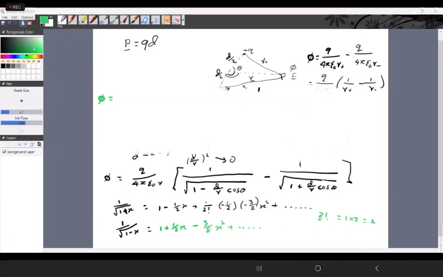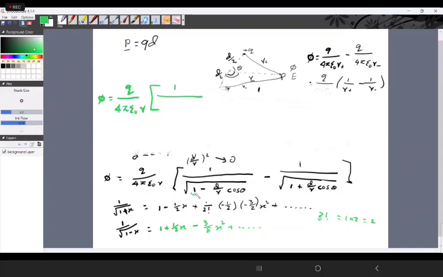Okay, thank you. So the potential is equal to q over 4 pi epsilon naught r, and now I'm going to apply here inside this bracket. So what we have is 1 over root of 1 minus d over r cos theta.